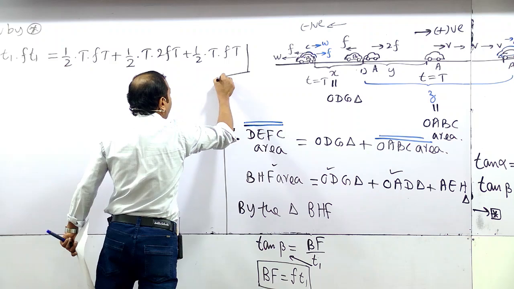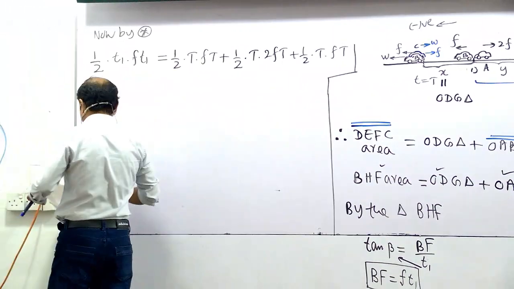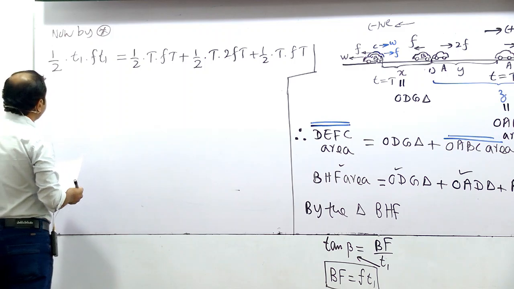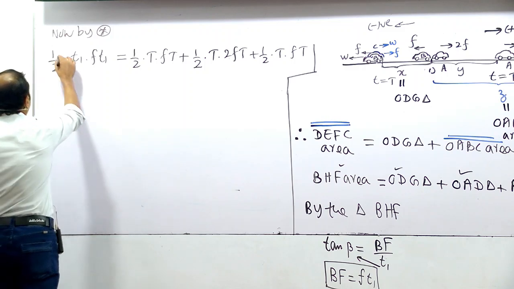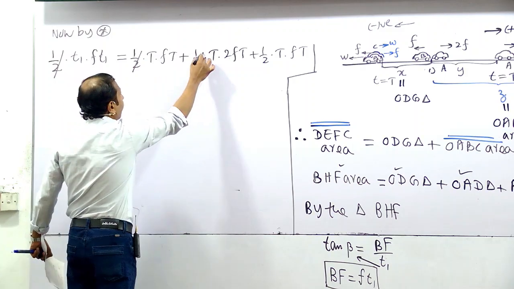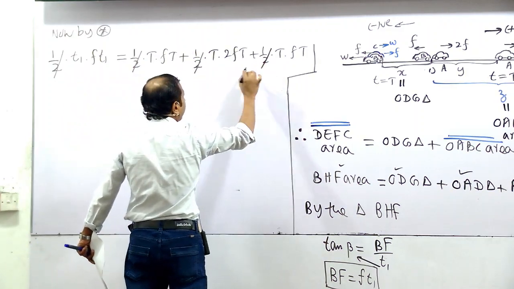People, now simplify this and find T1. You can cancel down this half, and you can cancel down this.